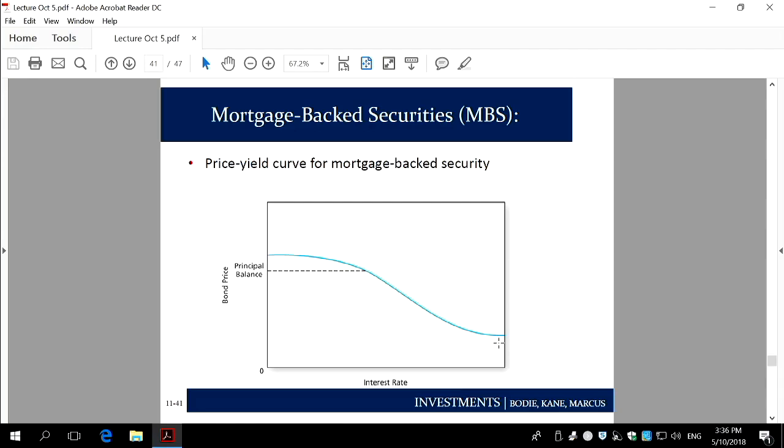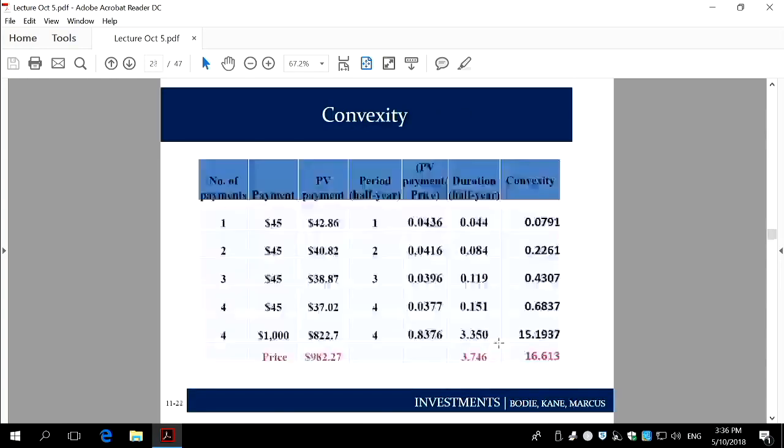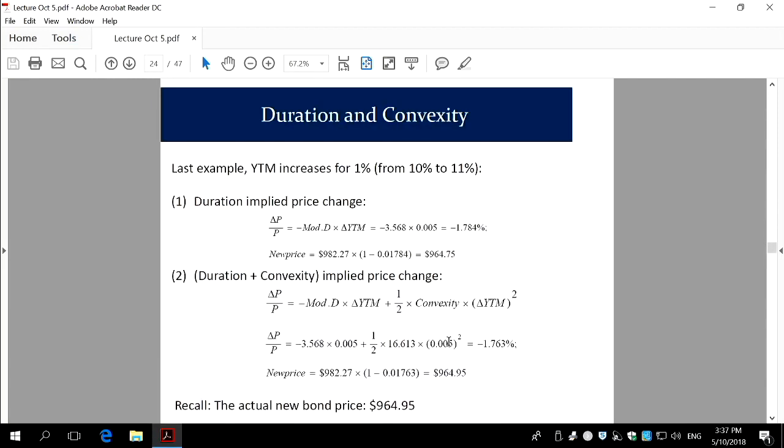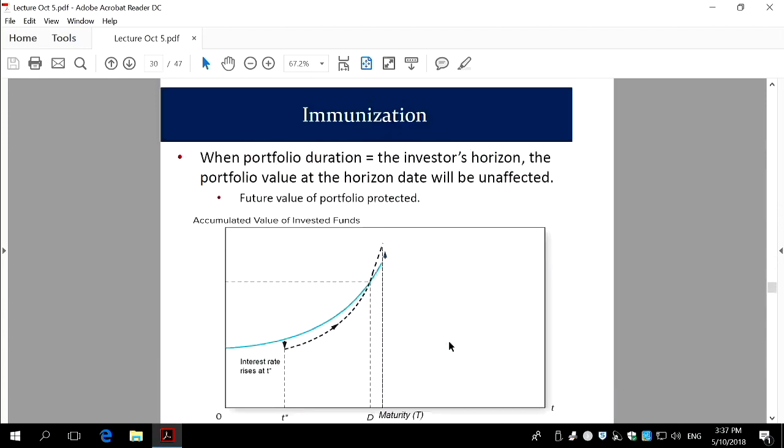For regular bonds, let's go back a little bit, you just have a curvature like this, right? Value versus interest rate. This is very nice. This is just for regular bonds or straight bonds.